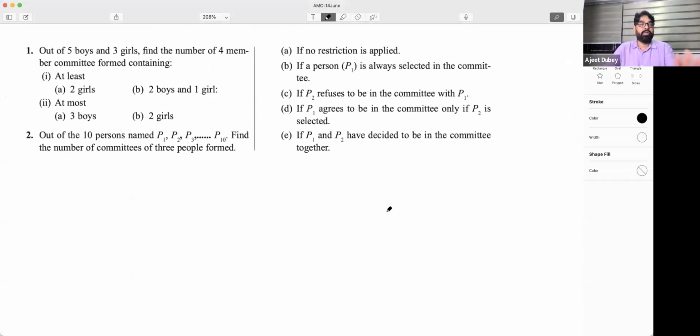I hope all of you are able to read. The first question, first bit. What will be the answer?